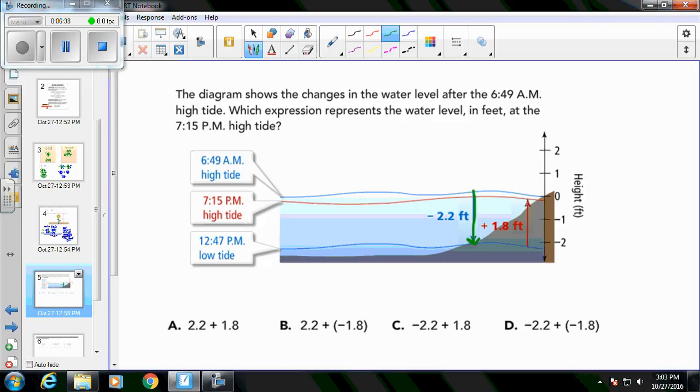Remember, negative tells me direction. Then we increased from low tide to high tide. We increased 1.8 feet. So if I'm combining them, it's negative 2.2 plus 1.8. Choice C.